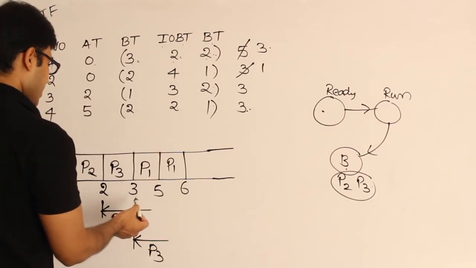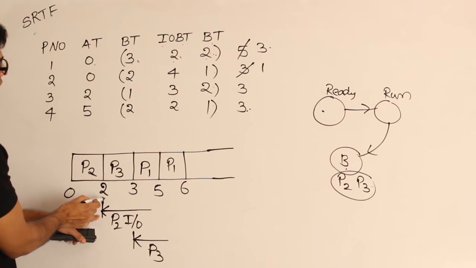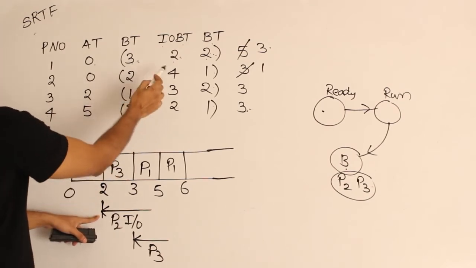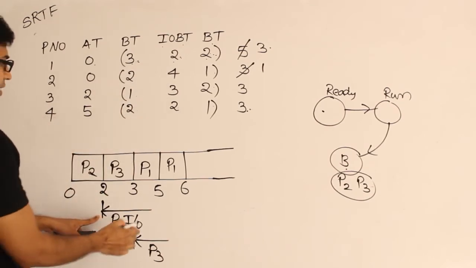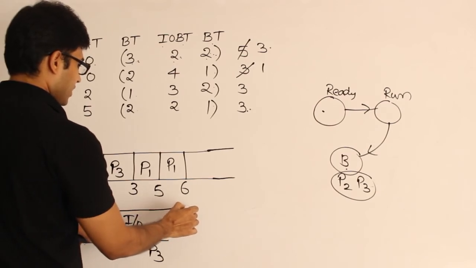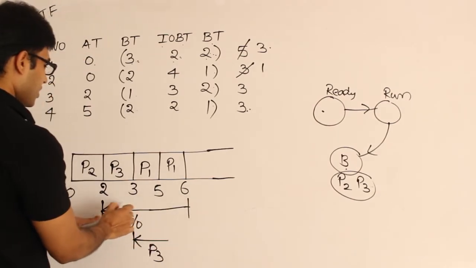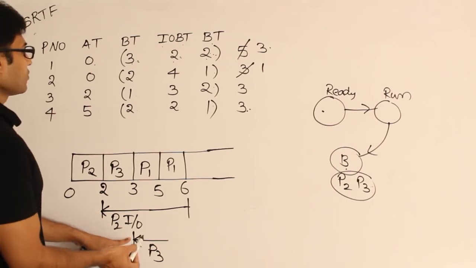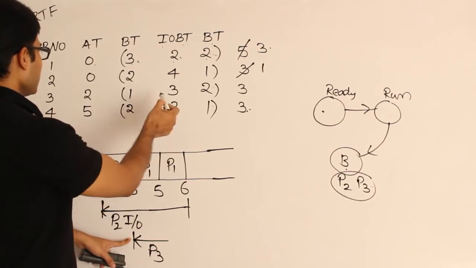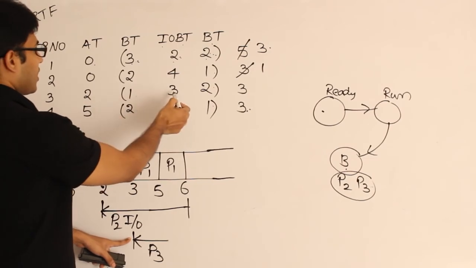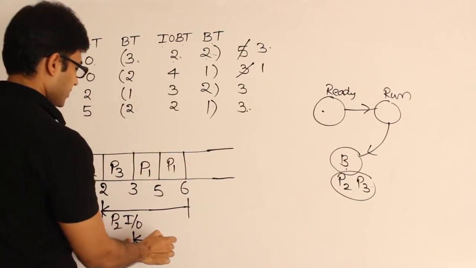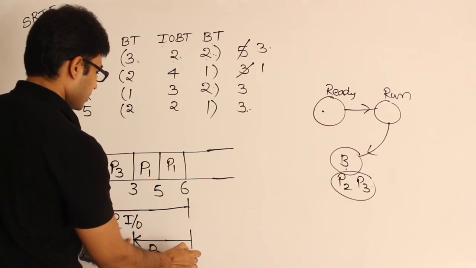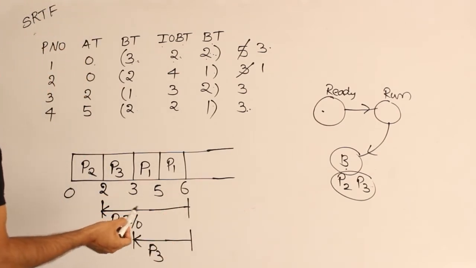So let's see what has happened to P2. P2 has gone for IO at time t equal to 2, and now time t equal to 6 has happened. So at this point P2 has finished its IO, and similarly P3 has gone for IO at time t equal to 3, and now it has taken 3 units, which means at time t equal to 6 even P3 is done with its IO.